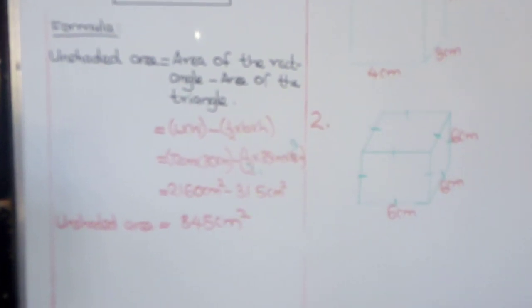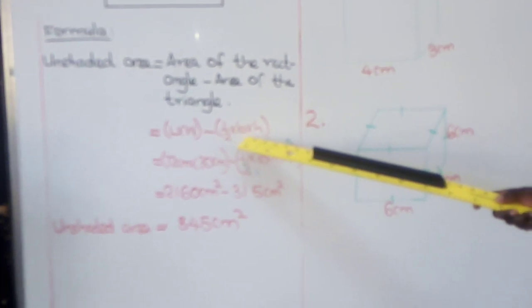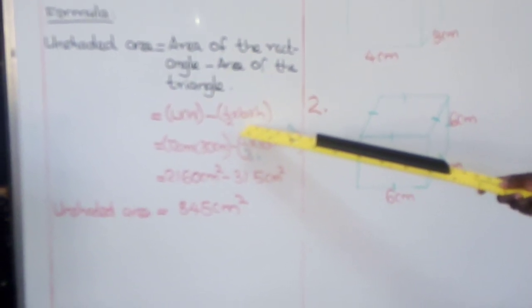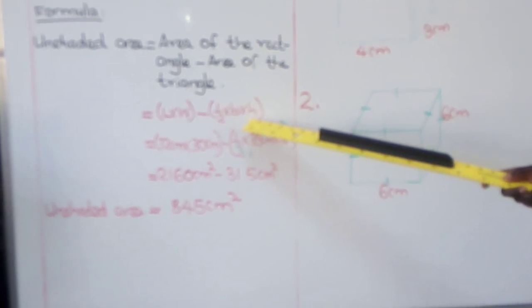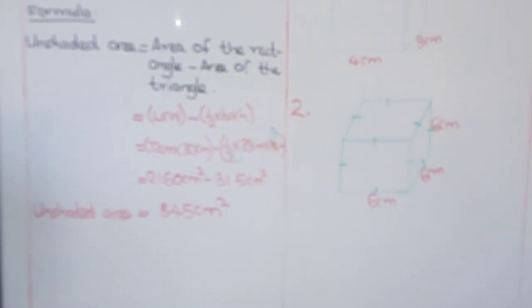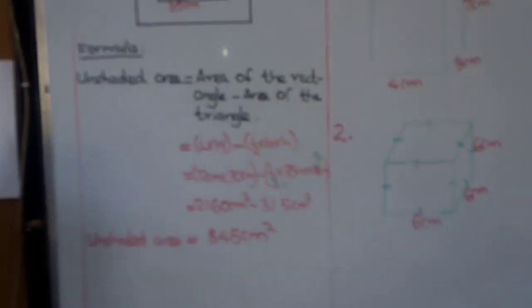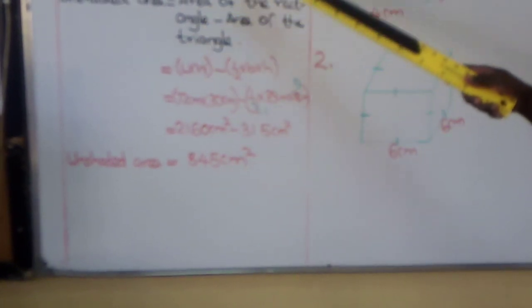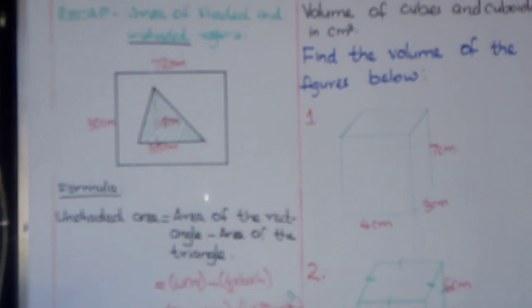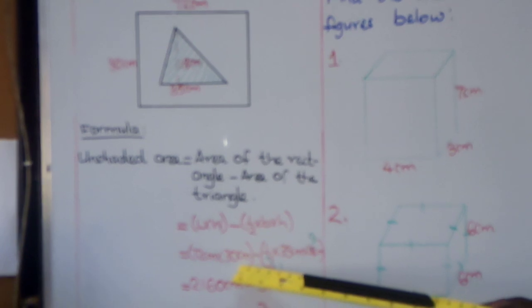Hope you are understanding, and you can see that. And the area of a triangle is half multiplied by base multiplied by height. You understand that? Very good. So the length of this rectangle is 72 centimeters, and the width is 30 centimeters.